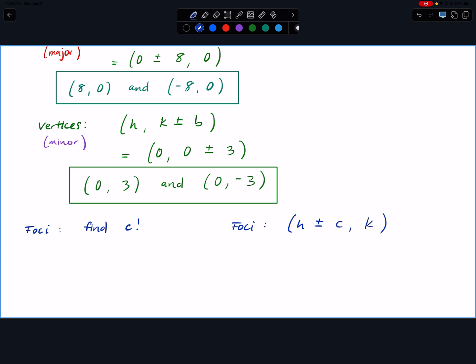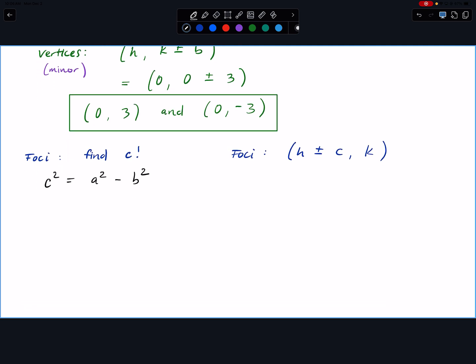What is the formula to find c? Yes, c squared is equal to a squared minus b squared.